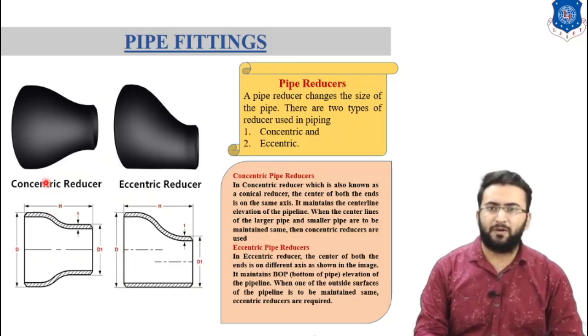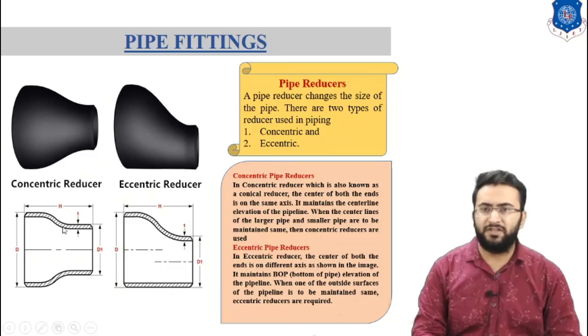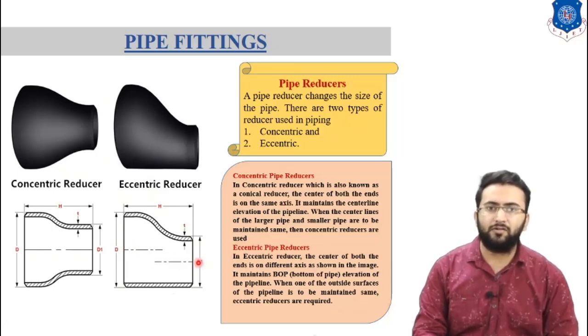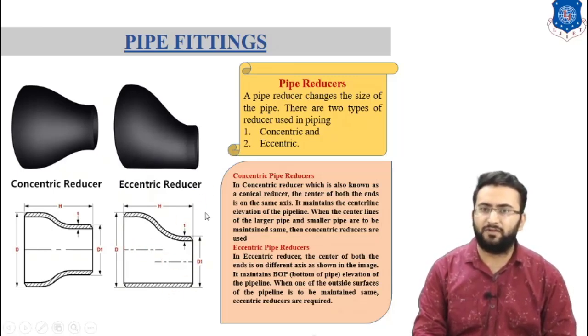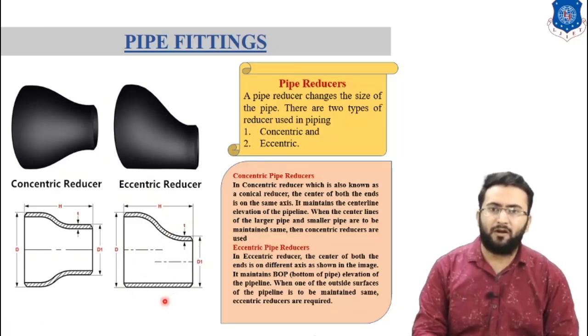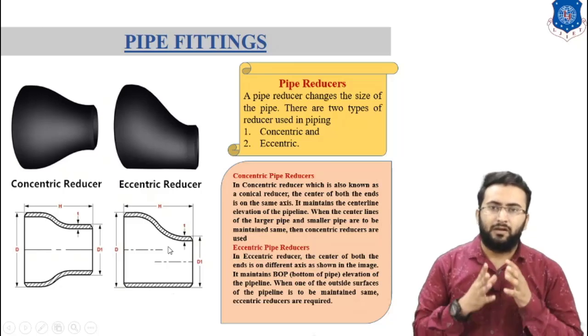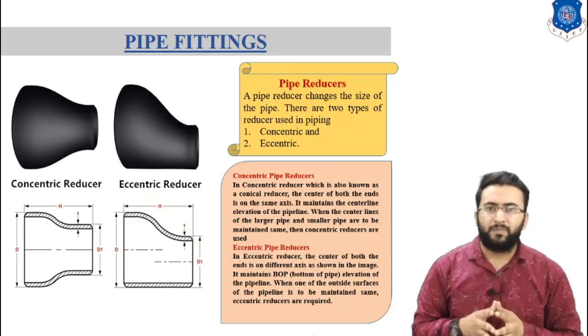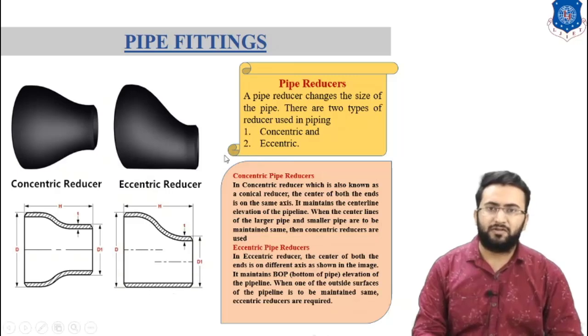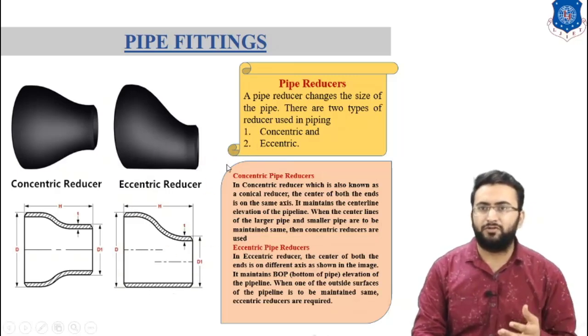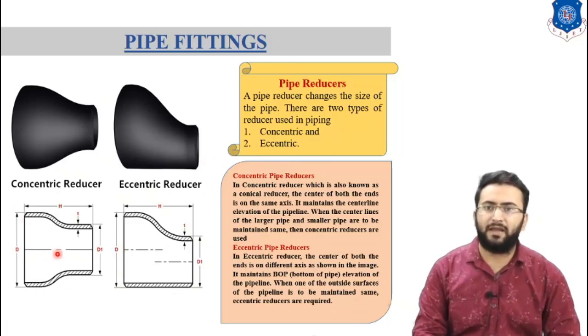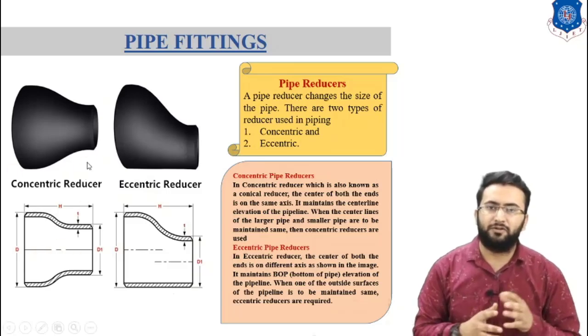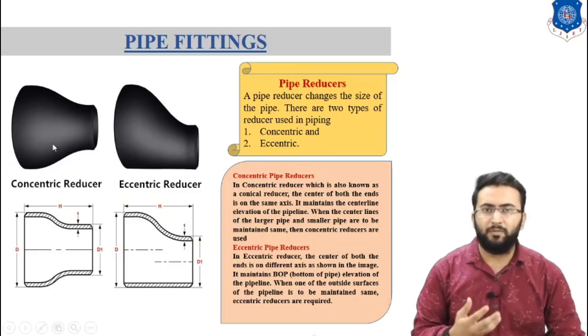So this is a concentric reducer, in which the center line is the same for both pipes, whereas in an eccentric reducer the center line is not on the same axis, but it maintains the bottom of the pipeline. So a reducer which maintains the bottom of the pipeline is known as an eccentric reducer, and a reducer which maintains the center of the pipeline is known as a concentric reducer. So this is all about the piping reducer.